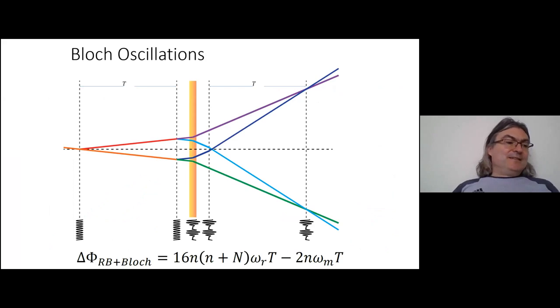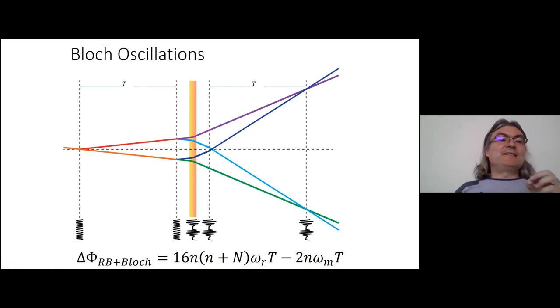A final ingredient is necessary to improve the sensitivity of the interferometer sufficiently, and that's Bloch oscillations at the center that are used to accelerate the upper interferometer further up and the lower interferometer further down. That increases the phase, so that it looks like this equation at the bottom.